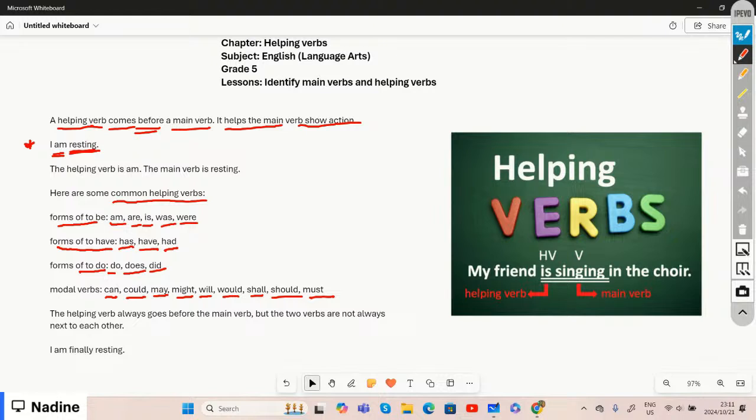And remember that a helping verb always goes before the main verb. You need to remember that the helping verb always goes before the main verb.